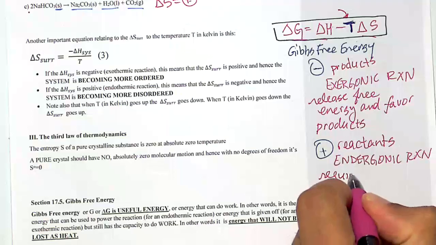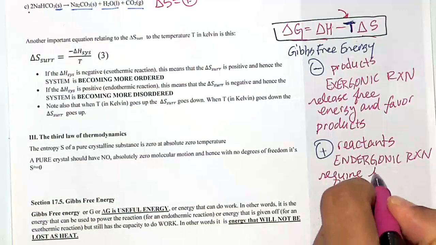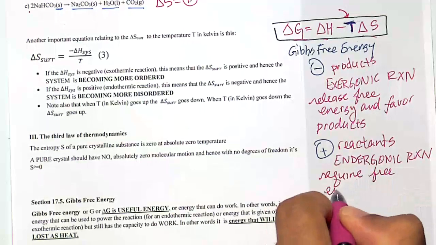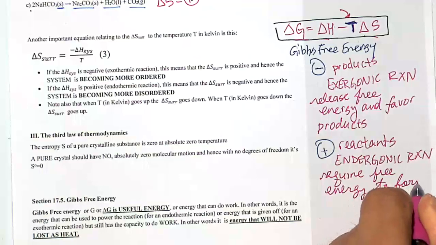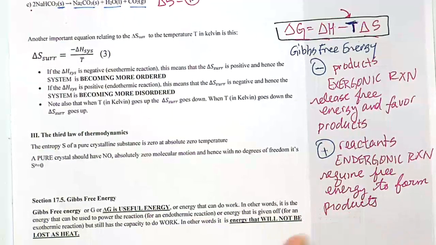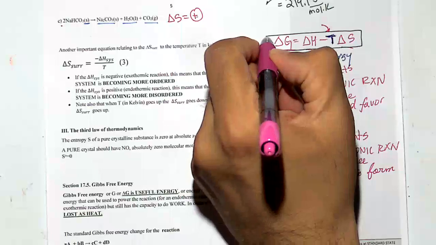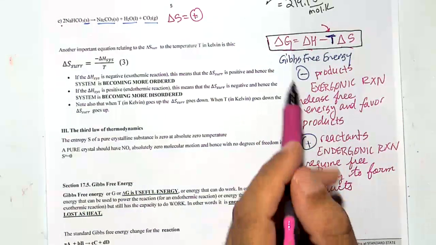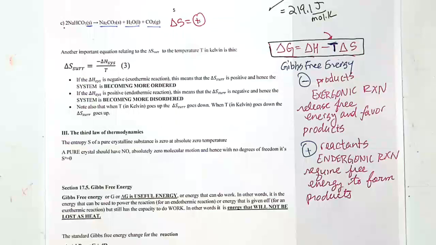Okay, the opposite of your negative, it requires free energy to make the reaction favor products. So this is a sort of review of what we've talked about so far in Chapter 17.